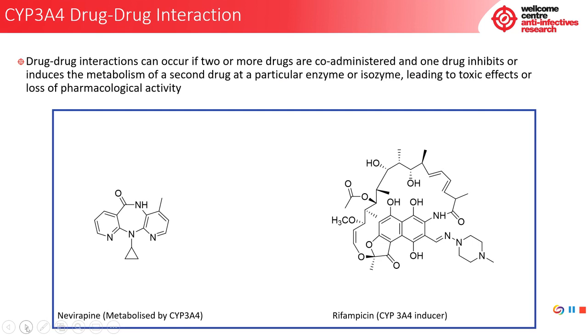CYP3A4 can also undergo drug-drug interaction, and other isoforms are capable of undergoing drug-drug interaction as well. Drug-drug interactions occur if two or more drugs are co-administered and one drug inhibits or induces the metabolism of a second drug at a particular enzyme or isozyme, leading to toxic effect or loss of pharmacological activity.